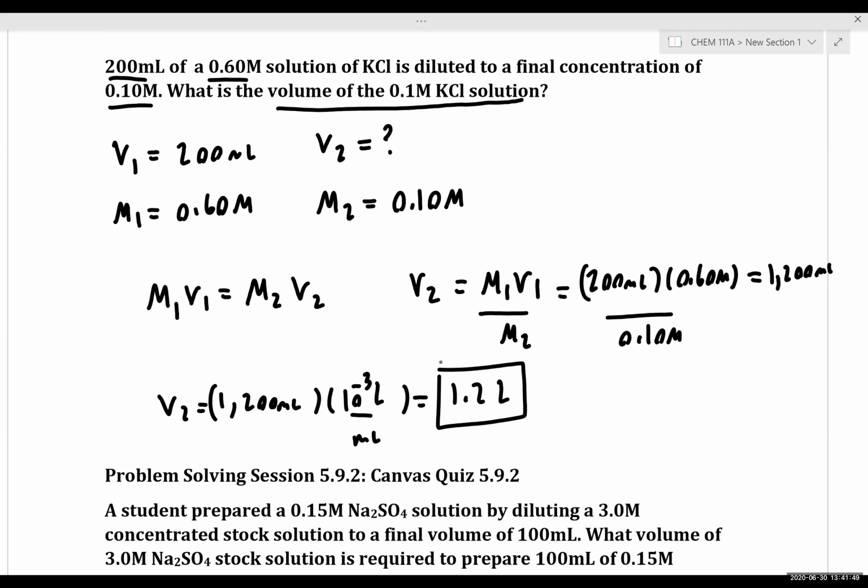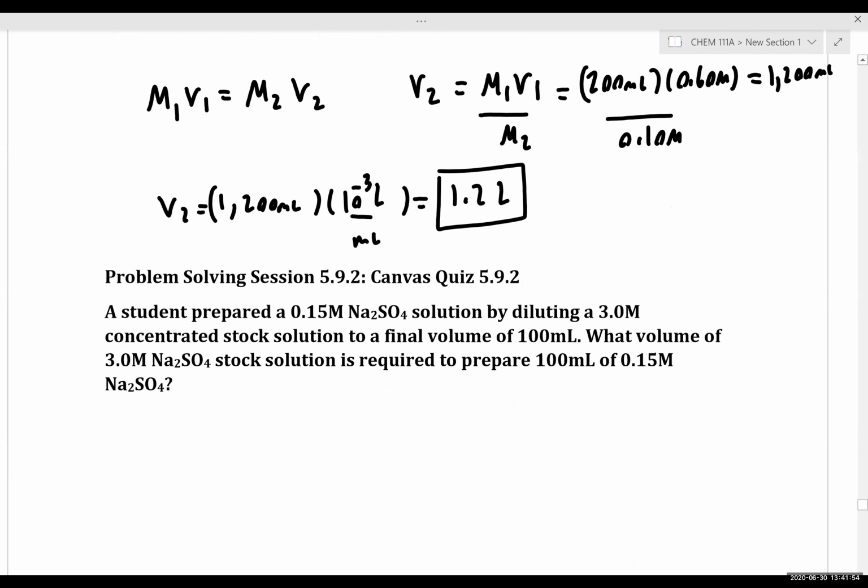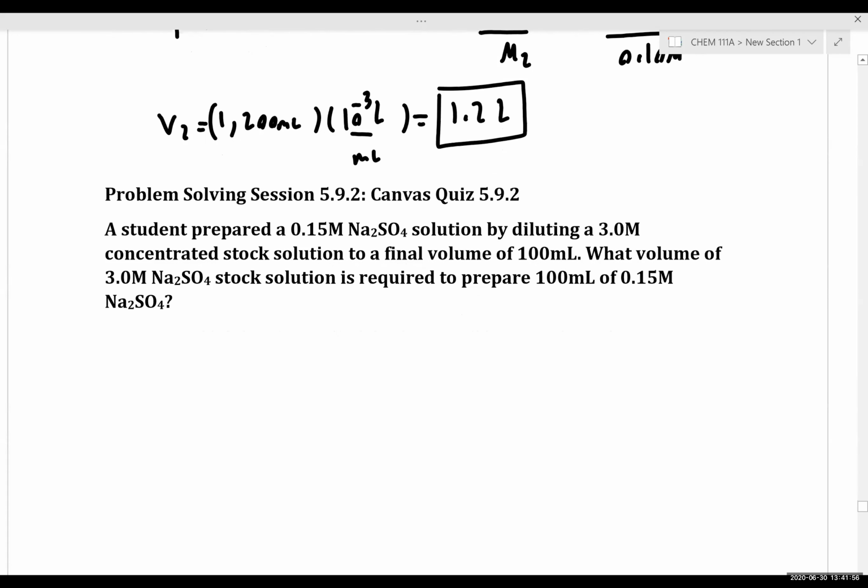If not, we're going to work through another example. I would like you to work on the following dilution example. Don't be shy to submit any questions or responses in the chat or verbally, and you can submit your responses for immediate feedback into the Canvas quiz 5.9.2. We'll discuss this example in about 2 to 3 minutes.